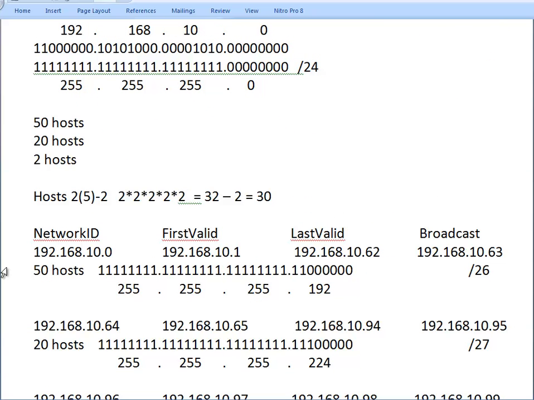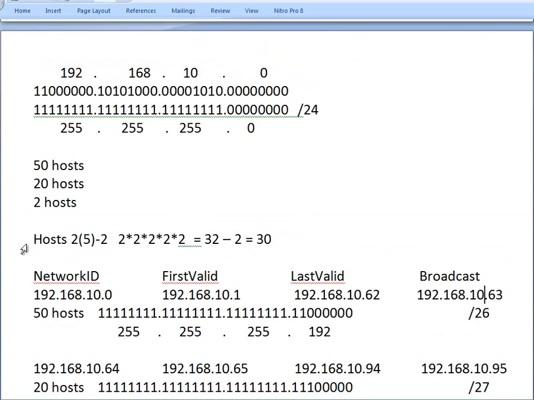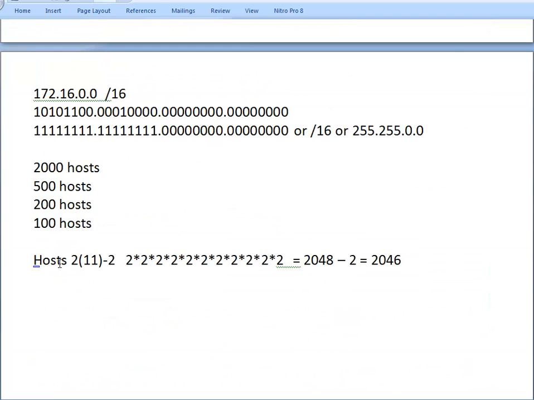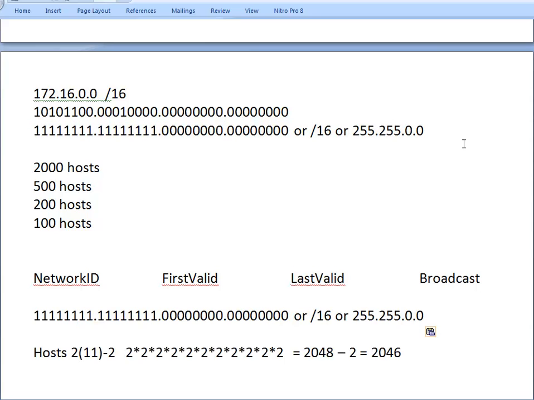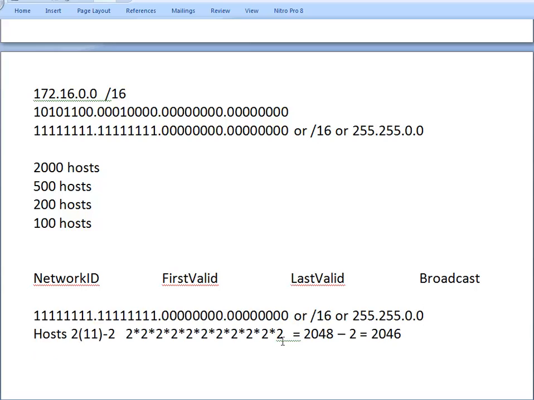Okay, so I'm just going to take this and write it. Now the subnet mask.